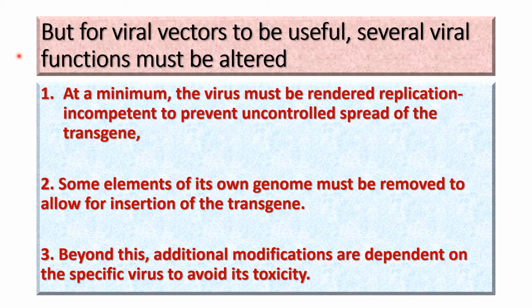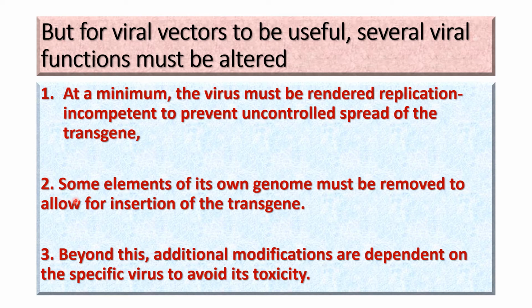But for a viral vector to be useful, several viral functions must be altered. First, at a minimum, the virus must be rendered replication incompetent to prevent uncontrolled spread of the transgene.